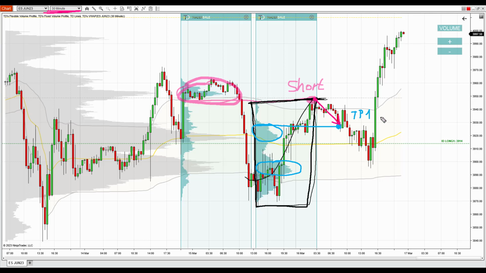Or this could actually be your final take profit, but if you are used to taking more profits, like splitting your position, for example, into two halves, then this should be your first take profit, because the price hit the first heavy volume zone, and such a zone could potentially work as a support, which would mean that the price could react there and turn.